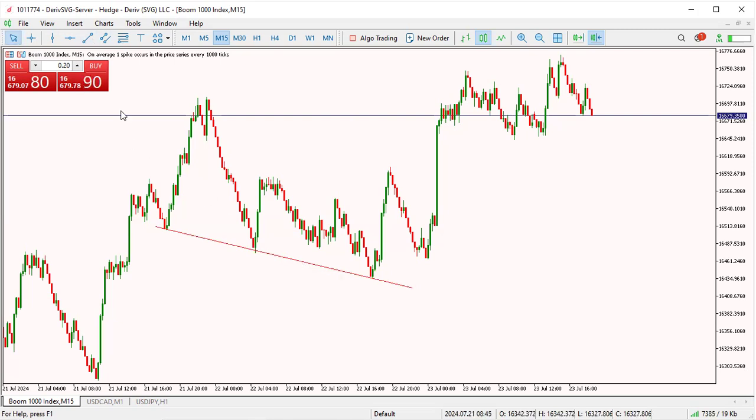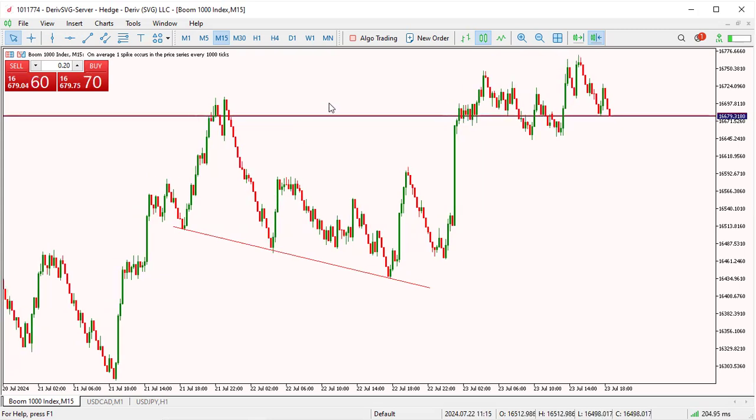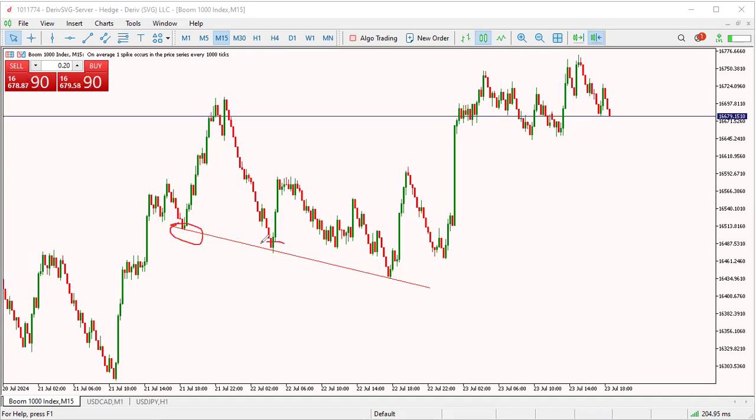In this case, this was a clear support, though history always looks smoother than real trading. Then we had another support, and this was another support. When the price is here, you draw your trade line in advance.